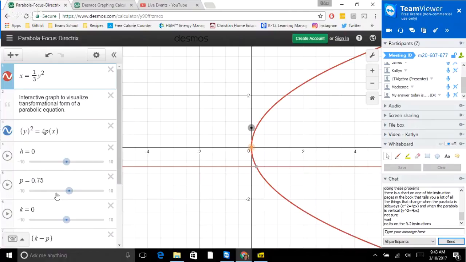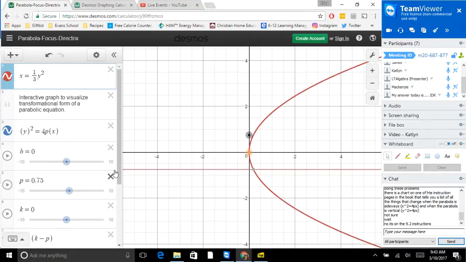So maybe you have to find a different Desmos calculator, because this only works for focus and directrix that are opening up or down. But our two graphs match up, right? Our blue and our red graphs do match up. But in terms of Desmos actually showing you the point, it kind of fails there.